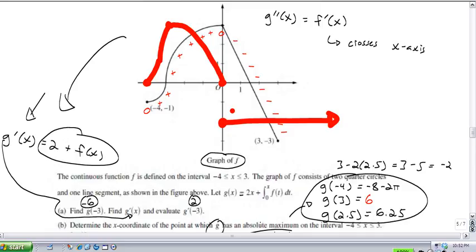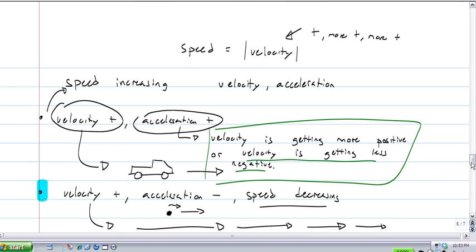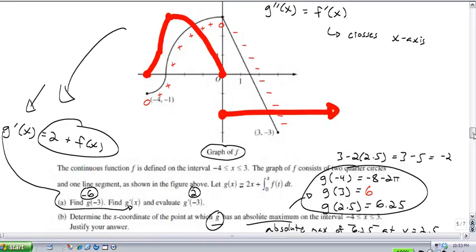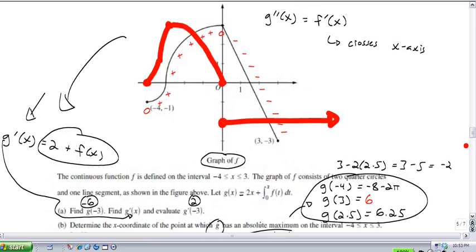So that's your curve. And now you're going, wait a second. If that's my curve, do I count that as an inflection point at x equals 0?